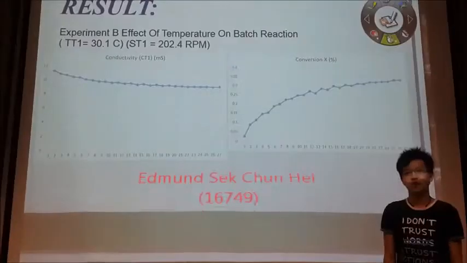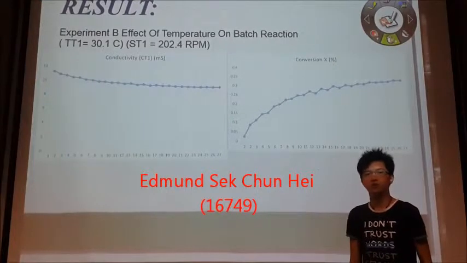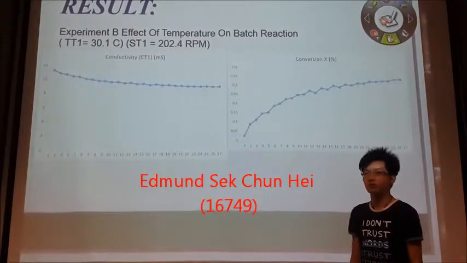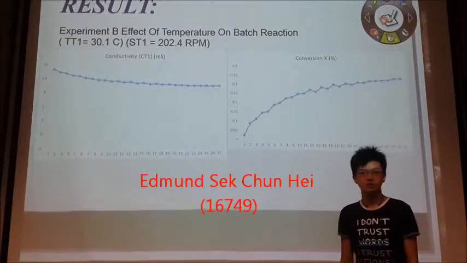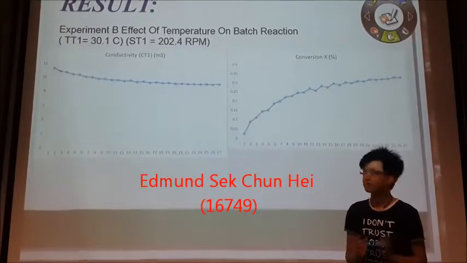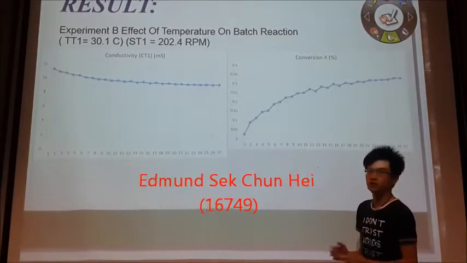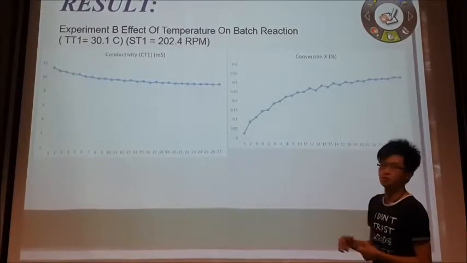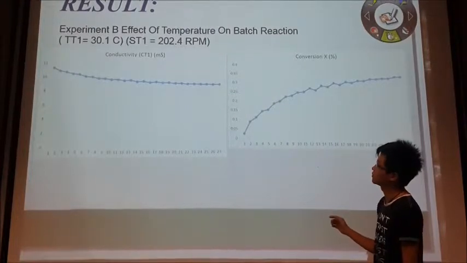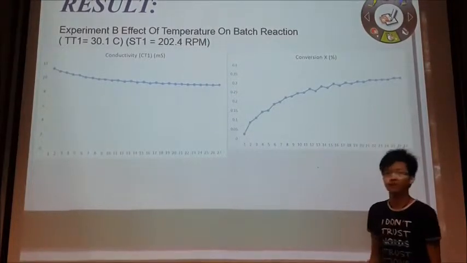Today I will present the results for the experiment we conducted over the past few weeks. The experiment is divided into two parts. The first part is to adjust the temperature to 30.1 degrees Celsius, while the RPM is adjusted to 202.4 RPM.